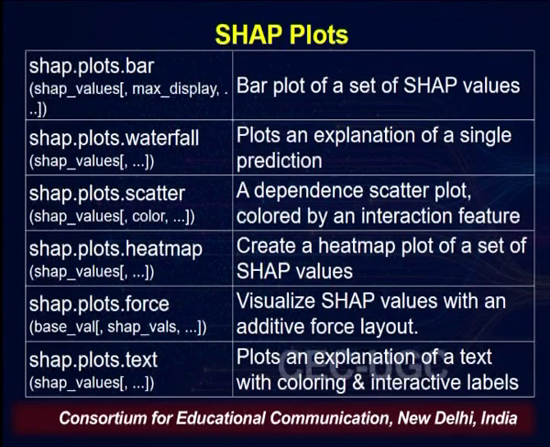Now, these are some of the SHAP plots that you can see on the screen. The SHAP plots can be in the form of bar plots, waterfall plots, scatter plots, heat map, force plots. Also, you can use the text plots if you have text enriched data, like feedbacks for a product, or sentiments for a particular social media post.